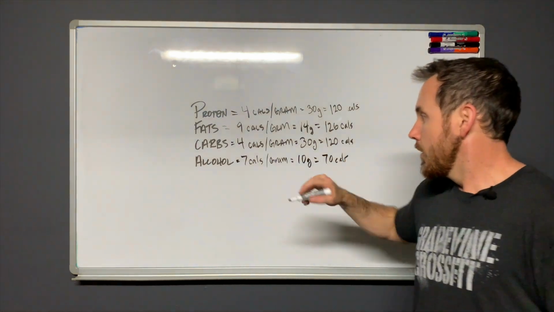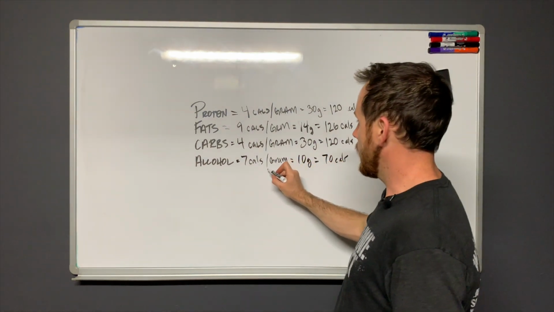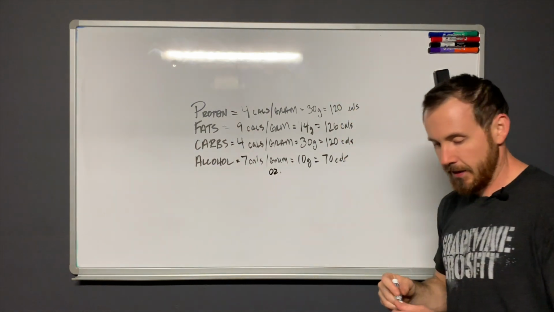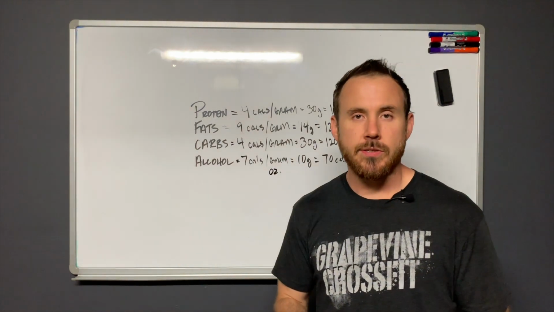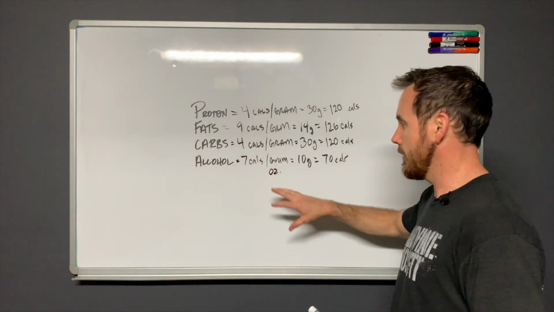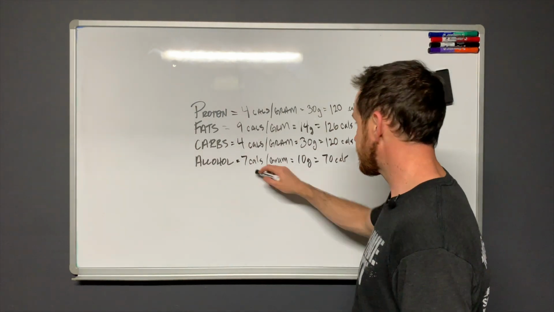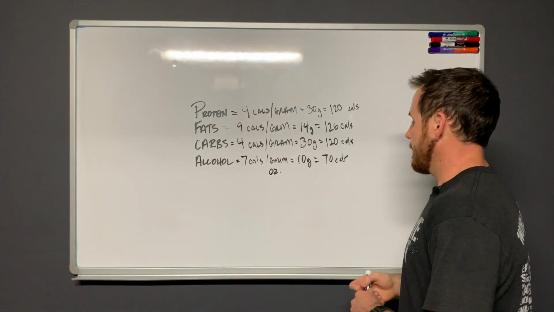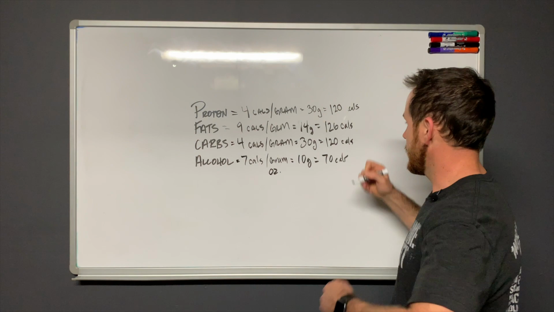Now we have to convert that over to ounces, which I can't think of off the top of my head, so I'll have to follow up on that. I'm shooting off the top of my head, and it's been a long morning. So 7 calories per gram, which means 10 grams is 70 calories.